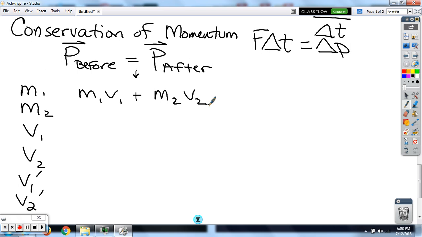That has to equal the total momentum after the collision. So that's the total momentum before, and that's going to be the total momentum after. The total momentum after can be expressed as m1 v1 prime plus m2 v2 prime.